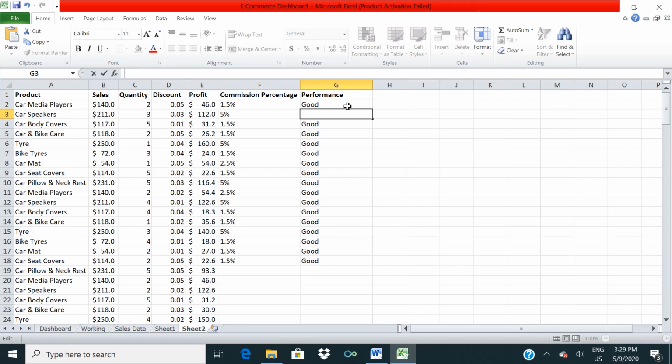Again, I think guys, there is some problem. If OR B2 greater than 100, or E2 greater than 100, then performance is good, else need improvement.